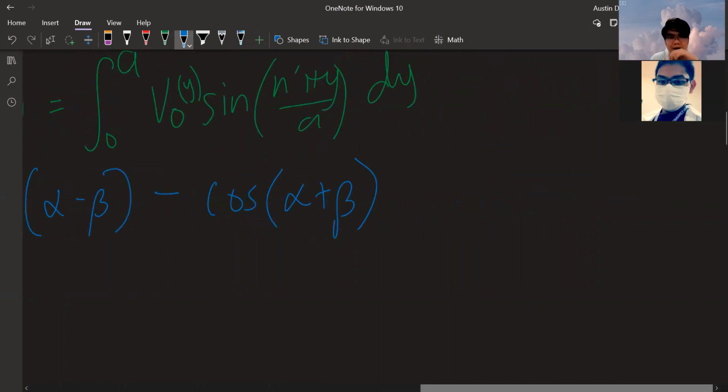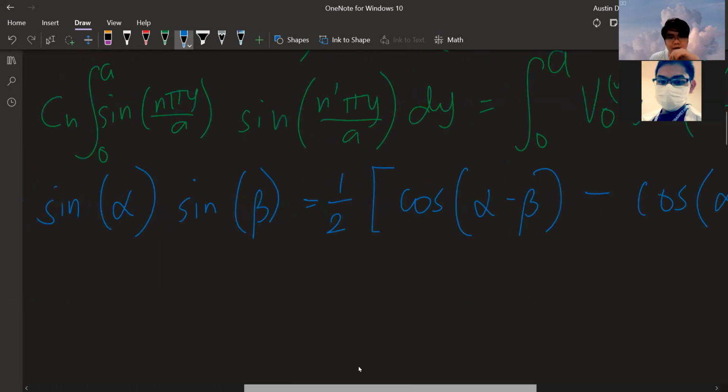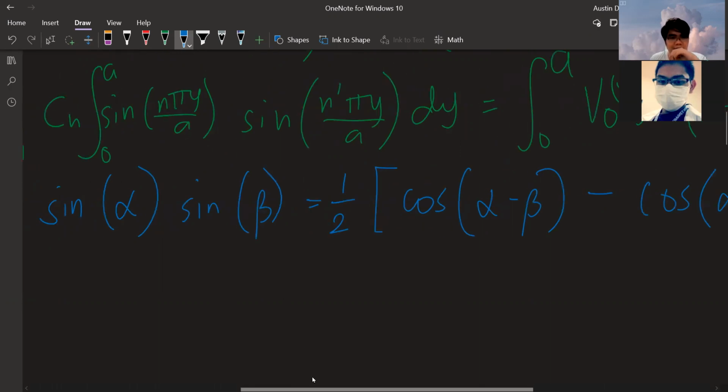So we have this trigonometric identity, and then we just pattern things out.